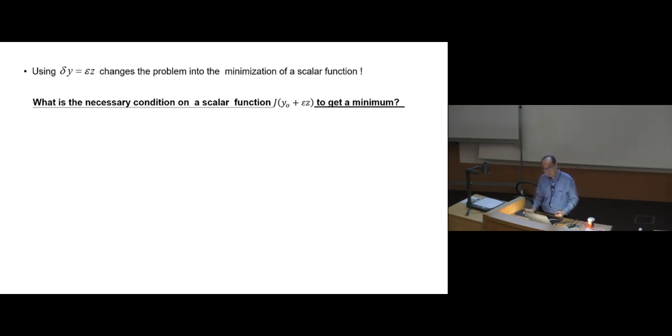What's the condition? Derivative has to be 0, right? Easy. So it's a function, then the derivative with respect to that variable epsilon has to be 0, and also we know at which value, epsilon equals 0. At that point, it should be 0. Okay? Any questions?